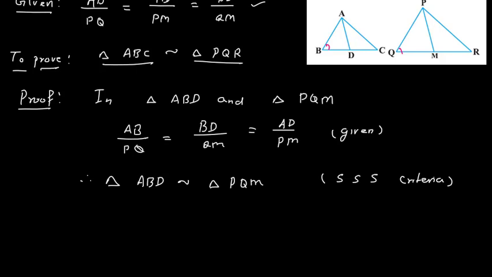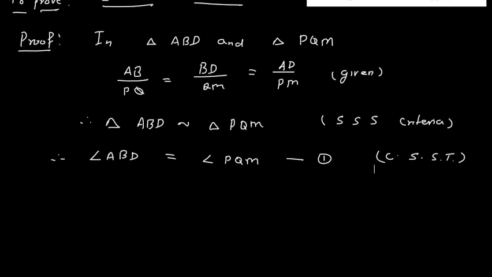As these two triangles are similar, therefore angle ABD is equal to angle PQM. I will consider this equation 1, and the reason is corresponding angles of similar triangles. Now, also here we know that AB upon PQ is equal to BD upon QM.